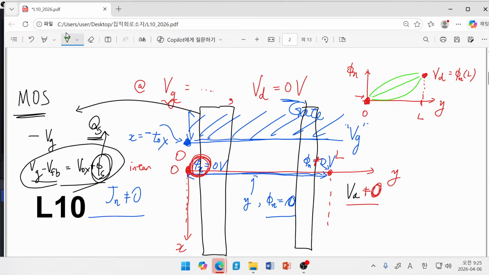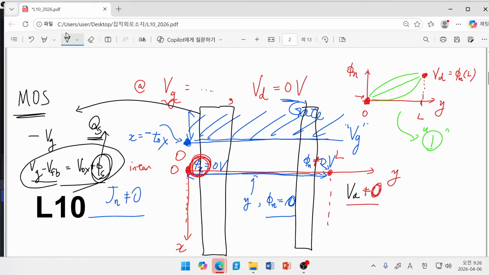Depending on this electron quasi-Fermi potential, it will predict different behavior, and among many different possibilities, there exists only one single solution, because when you apply a certain gate voltage and wait for a long time, then you will have the steady state solution, and there exists only one solution which is suitable for this situation. So we will try to find out the form of electron quasi-Fermi potential, and also surface potential and electron density, for this non-zero drain bias voltage case.